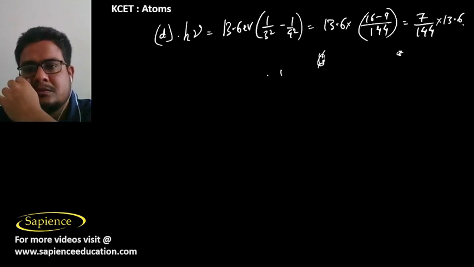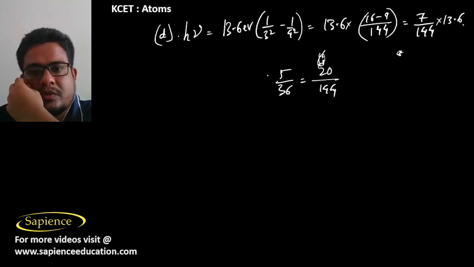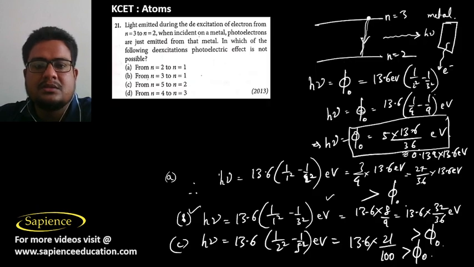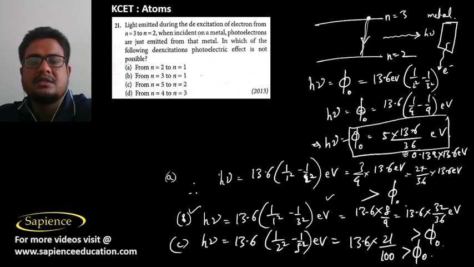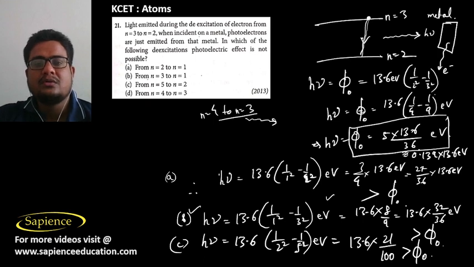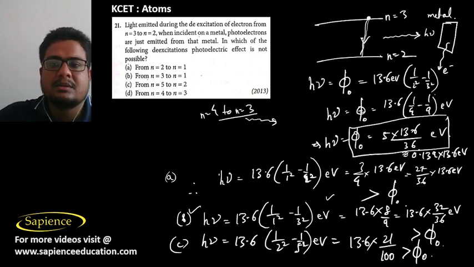And 5 by 36 I can write as 20 by 144, which is obviously more than 7 by 144. So this value is less than the work function. Therefore in case D, in the de-excitation from n equal to 4 to n equal to 3, the photon which will be emitted will not cause the photoelectric effect. D is the correct answer.